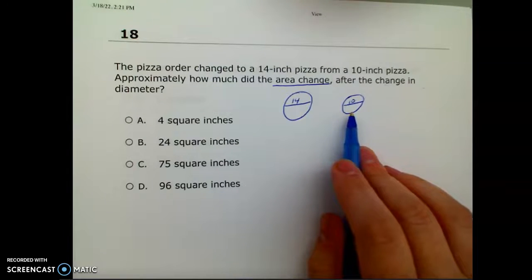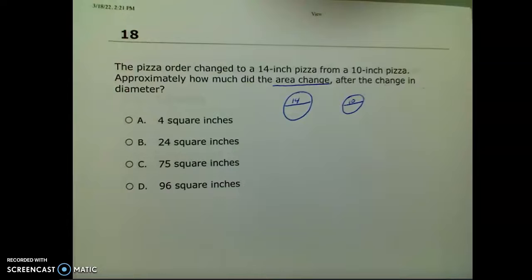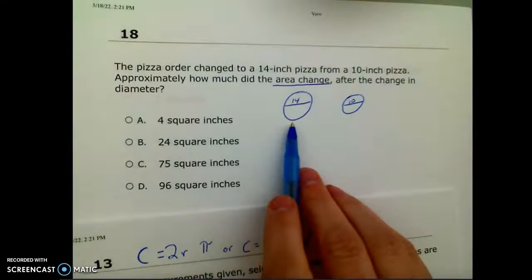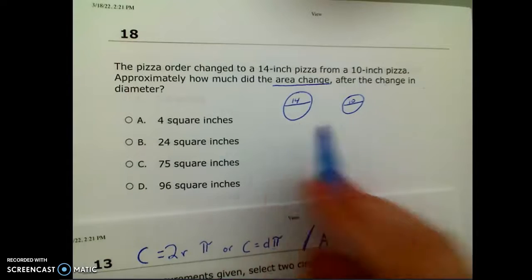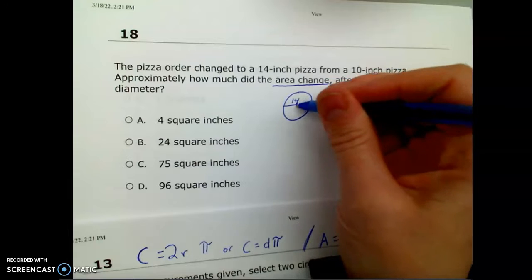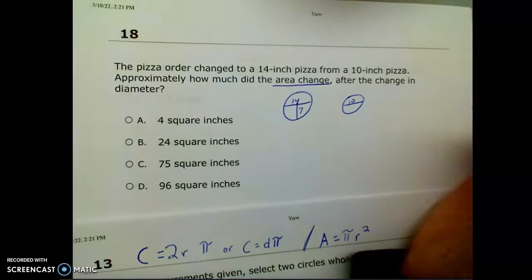All right, to do this, we're going to need our formula that we talked about at the beginning of this video. There it is. Area equals pi times the radius squared. All right, so I'm going to take this first circle and I'm going to find the radius. If the diameter is 14, half of that would be 7.